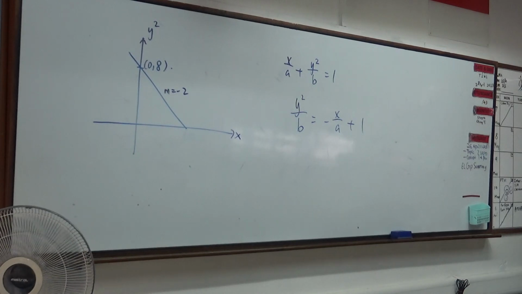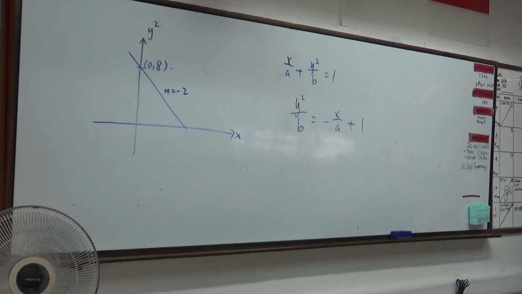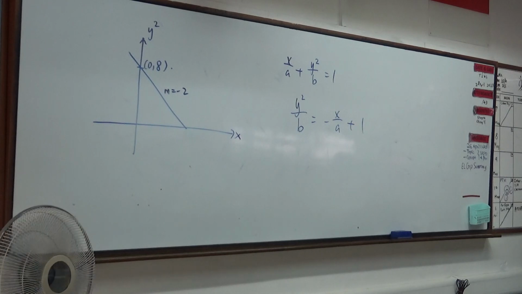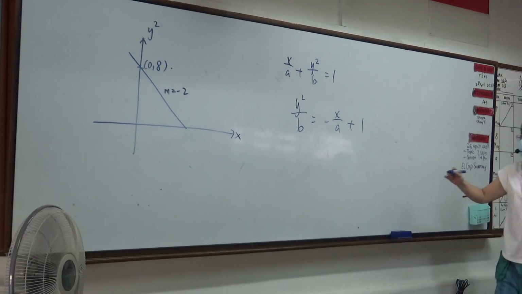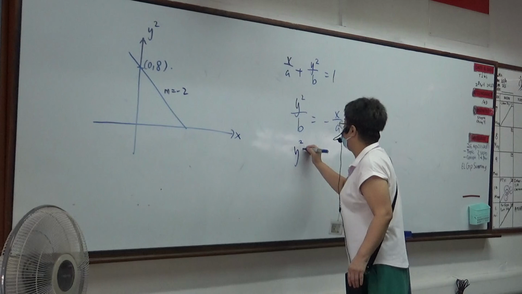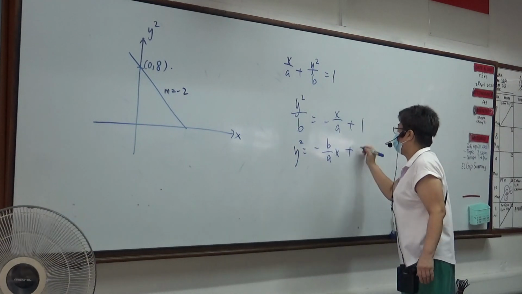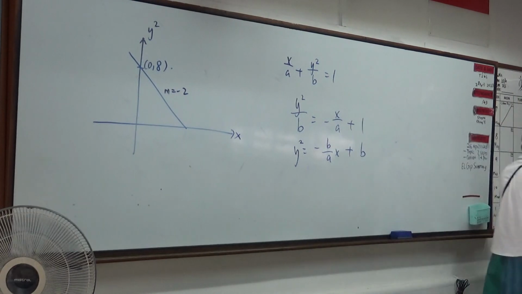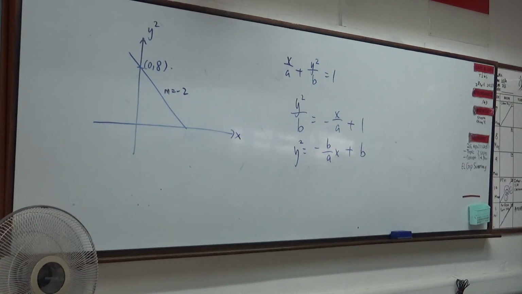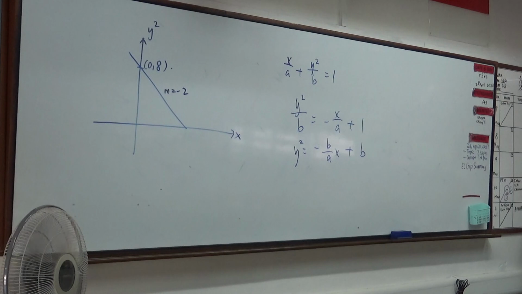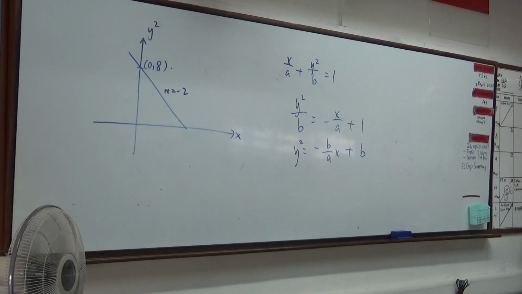Yes or no? Now, how would I get rid of the b? I will multiply by b to r, right? So I will get y squared equals to negative b over a x plus b, right? Am I right to say that? I'm talking to you. I will multiply by b to r.